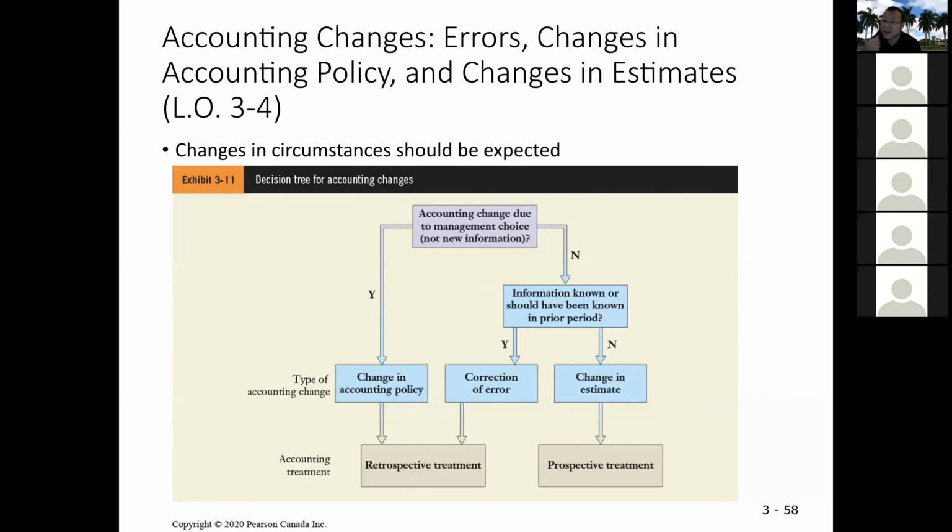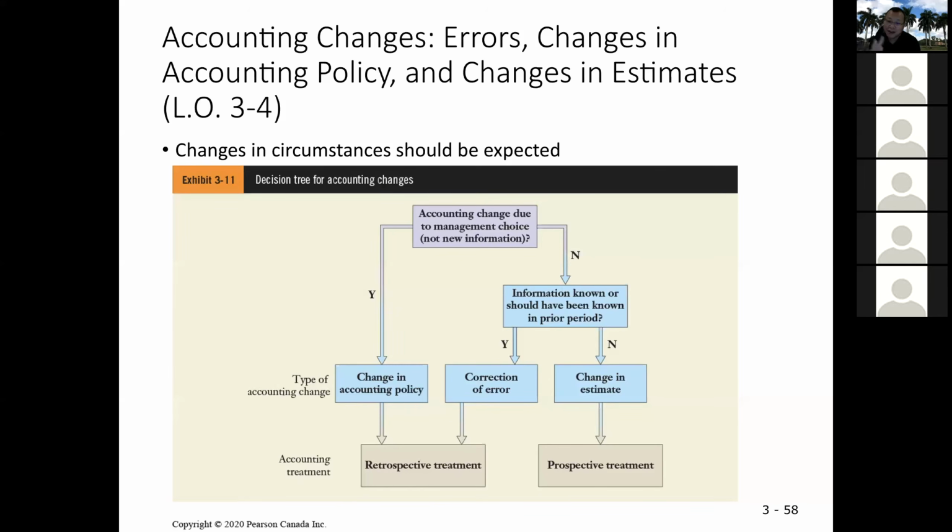It's just because you didn't realize it. You made the mistake. So that's called the correction of error, okay? But if it's new information that did not exist in the prior period, it's new information in this period, then it's a change in estimate, okay? If the change is due to the manager's discretion, it's called a change in accounting policy.